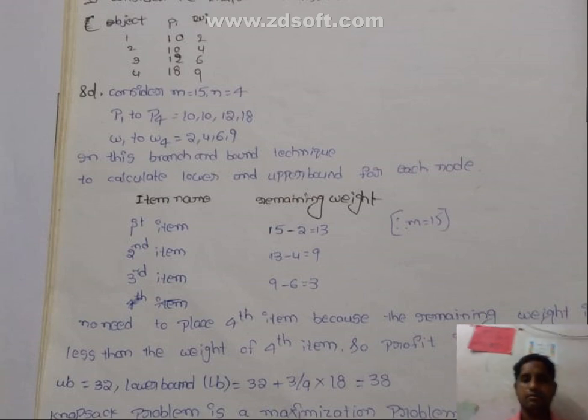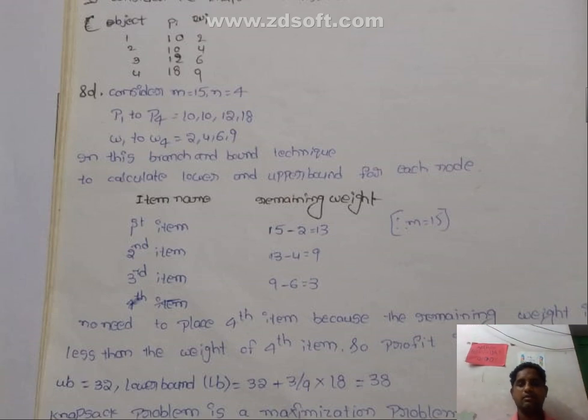The second item equal to 4, the remaining weight equal to 13, that is 13 minus 4 equal to 9. The third item equal to 6, remaining weight equal to 9, that is 9 minus 6 equal to 3. And the fourth item, its weight is greater than the remaining weight, so in that way we cannot consider it.